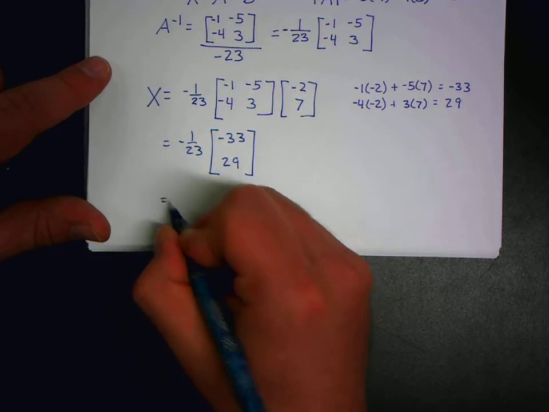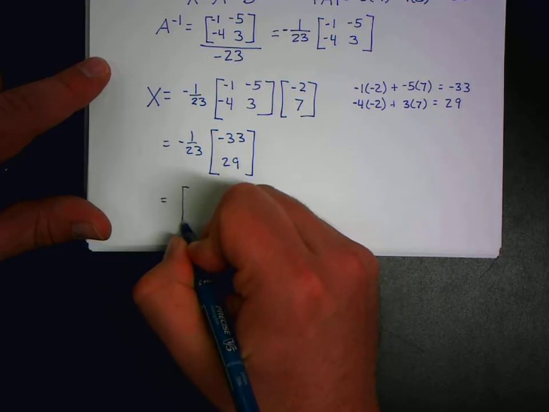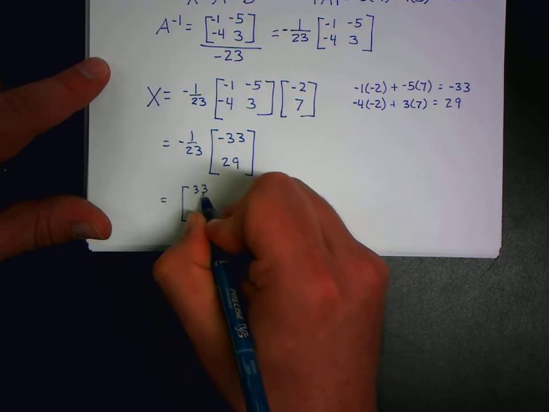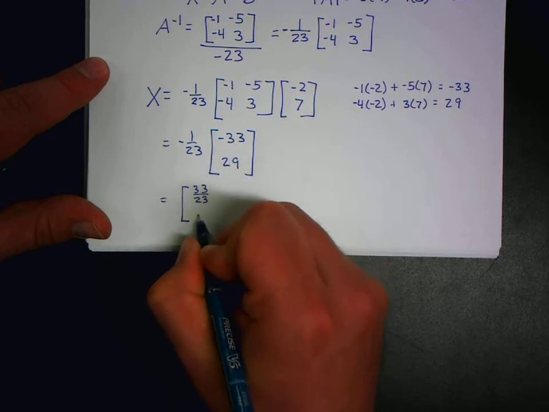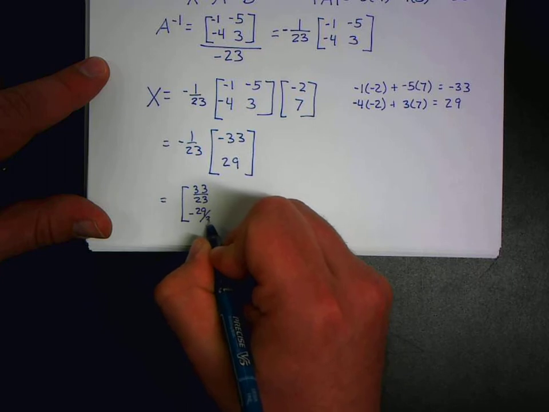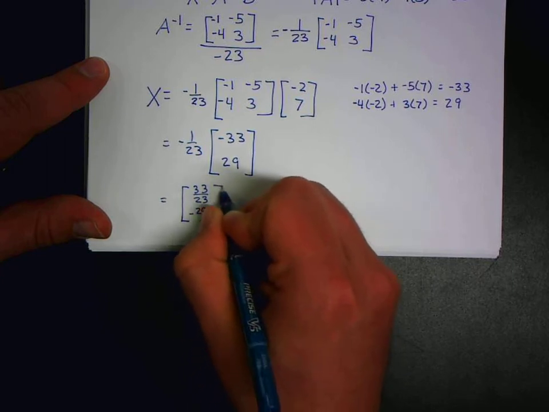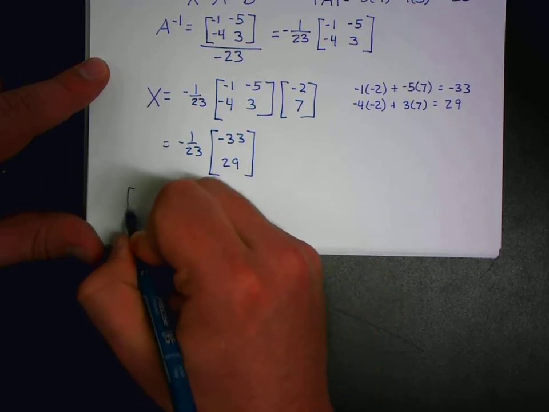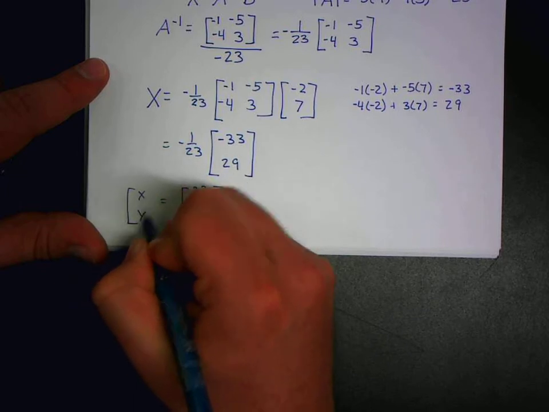So that means I get 33/23 and -29/23. Remember, x is equal to this.